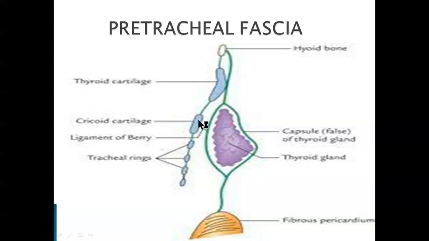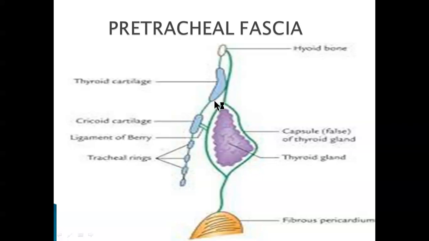It gives an attachment of the thyroid gland with the cricoid cartilage. So that's why when we swallow or eat food, the thyroid gland moves, because of the ligament of Berry, because it is attached. All right, so that's the reason.